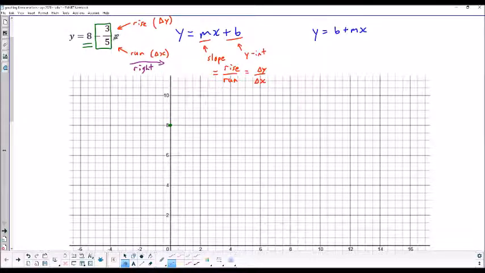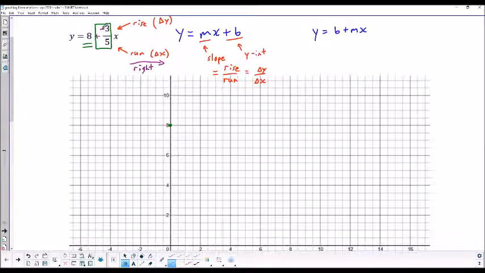Okay, and in that, if we know that along the x-axis, to the left of the y-axis are negative values, and to the right of the y-axis are positive values, then this negative sign, I'm actually going to consider that being up here with the y. And then technically, I've got the equation y equals 8 plus negative 3 over 5x.